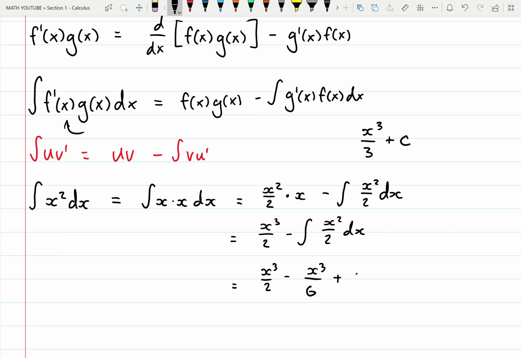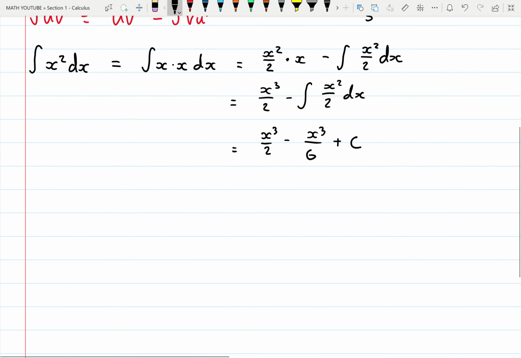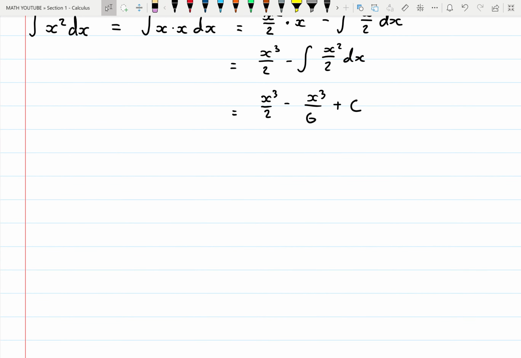And we also have to add the constant of integration, because we're not dealing with a definite integral, we're dealing with an indefinite integral. So it has a family of curves. And now we can make the denominators the same by multiplying this by 3, and that becomes 6. And we get x cubed over 6.